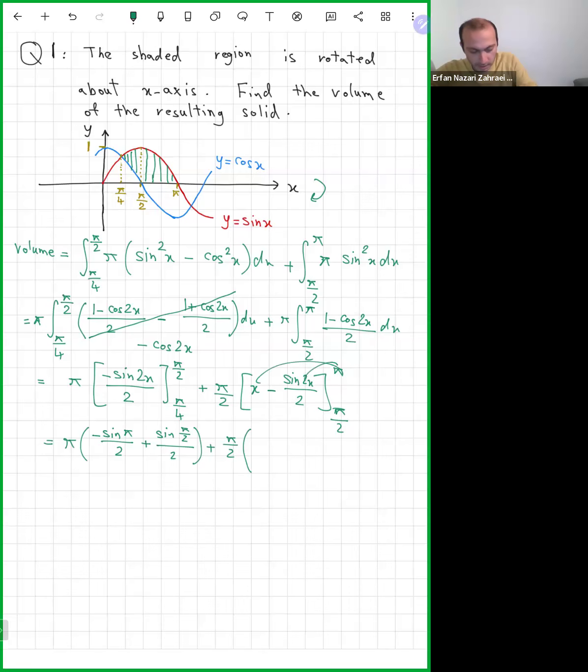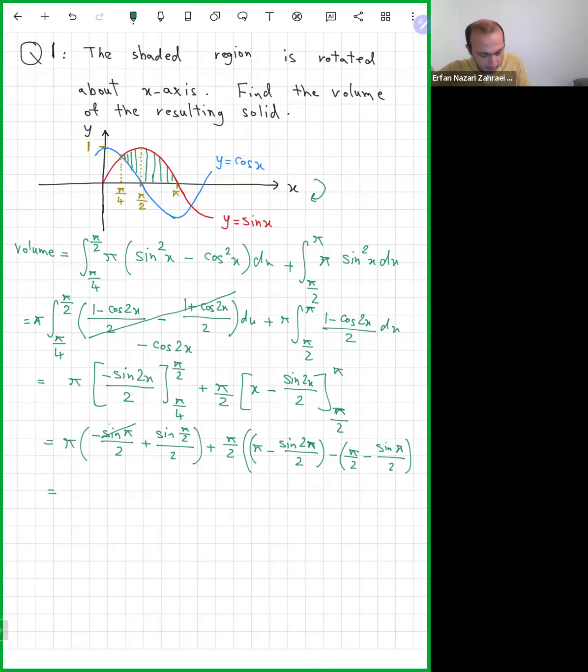plugging pi in this, you get pi minus sine 2 pi over 2. And then when you plug in pi over 2 in this, you get pi over 2 minus sine twice of pi over 2, which is pi, divide 2.